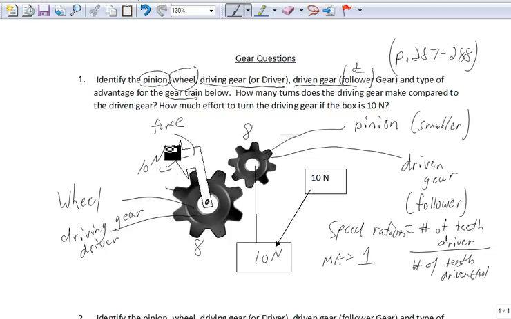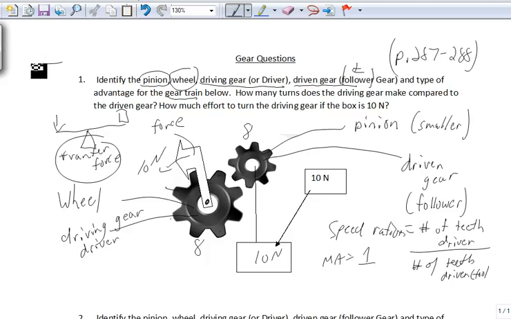Just like a class 1 lever where the fulcrum's in the middle, all we're doing is transferring force into a different direction. Also, just like a single fixed pulley. Okay, MA 1 here, the MA is 1 here, and the MA is 1 here.